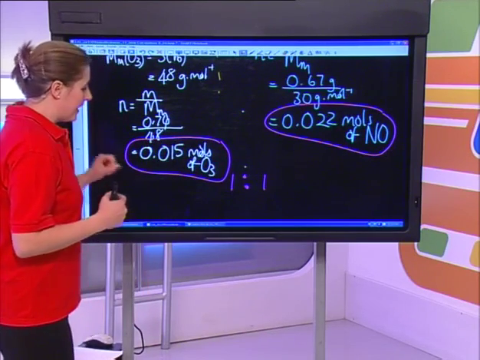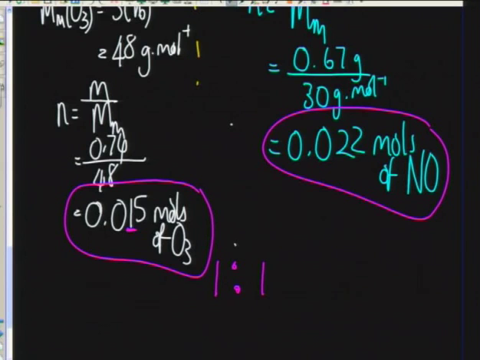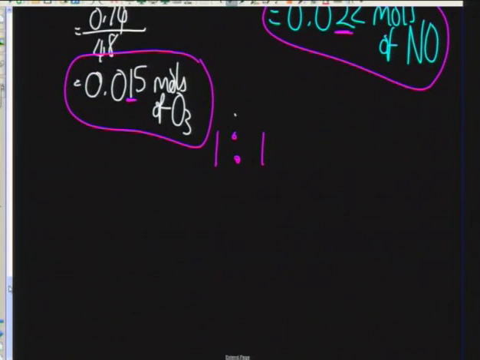I can have a look here and say, that is 1 and that is 2, and notice they're the same number of decimal places away. So definitely the ozone is limiting. It's going to run out.